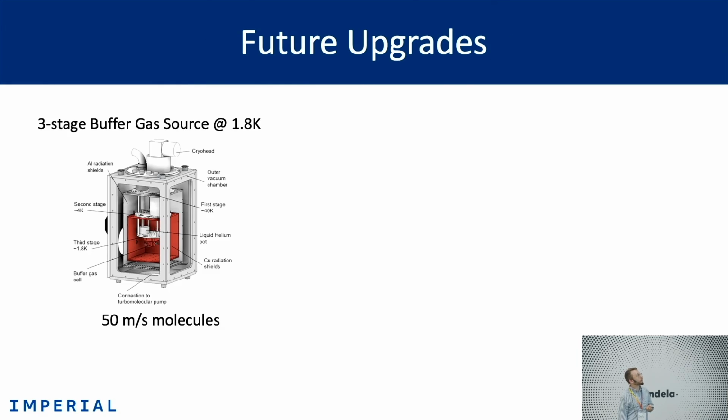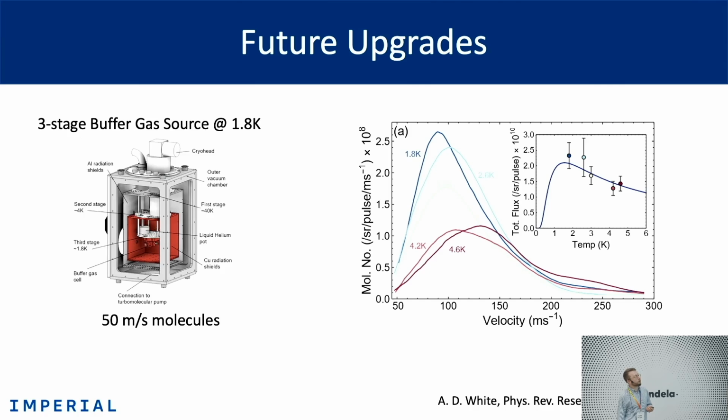I'll quickly run you through a future upgrade that we're thinking about. I told you we had a 4 Kelvin buffer gas source at the moment. We've also characterized a 1.8 Kelvin buffer gas source, where the molecules coming out can be a lot slower.